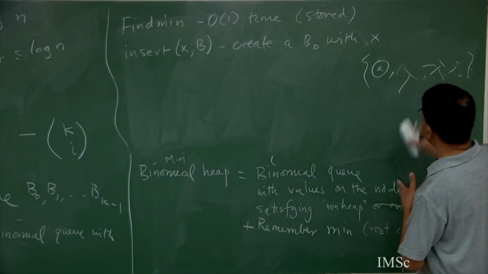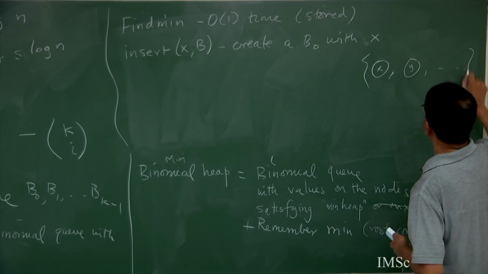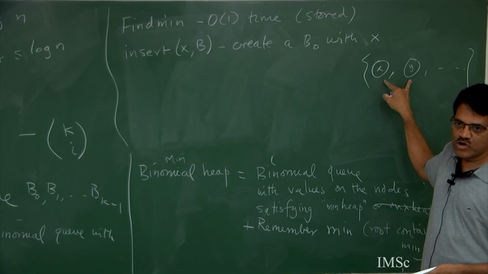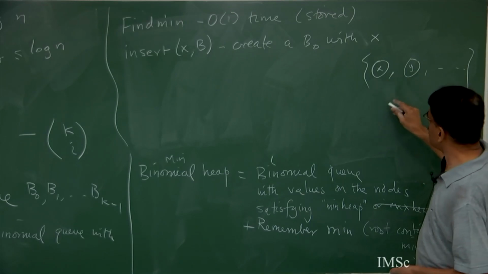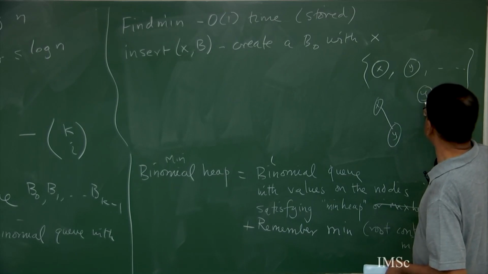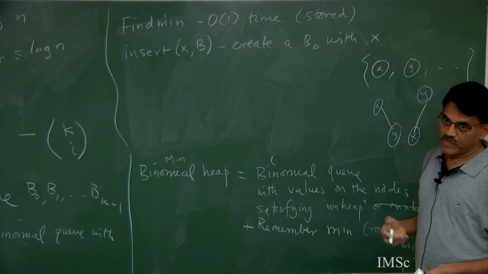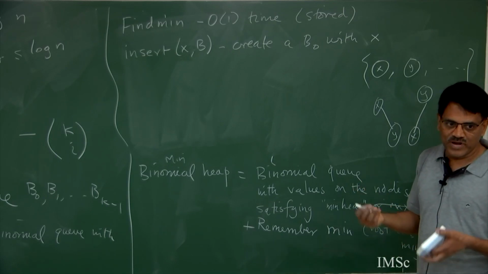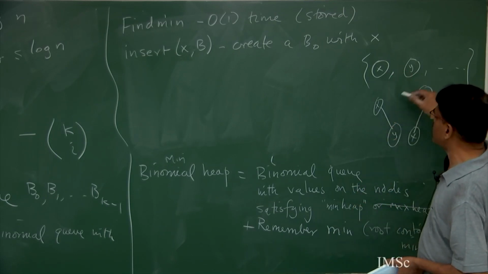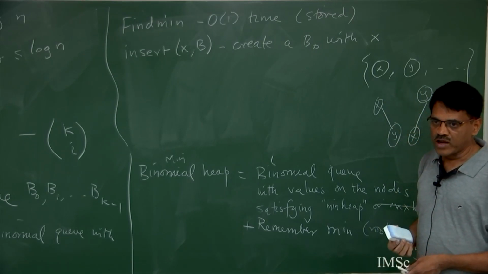How do I fix it? If I have another B0 sitting here, then I can link these two nodes and create a B1. I can do this, or I can do this. Which should I do? Each tree has the min heap property, so whichever is the smaller one, make sure that's the root, and link it to make a B1.